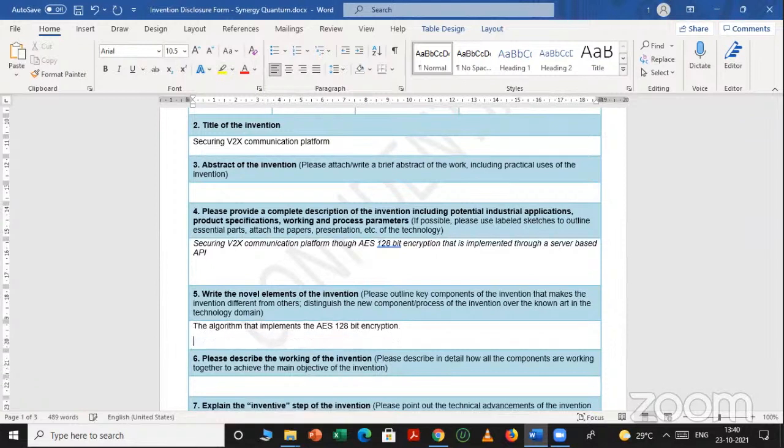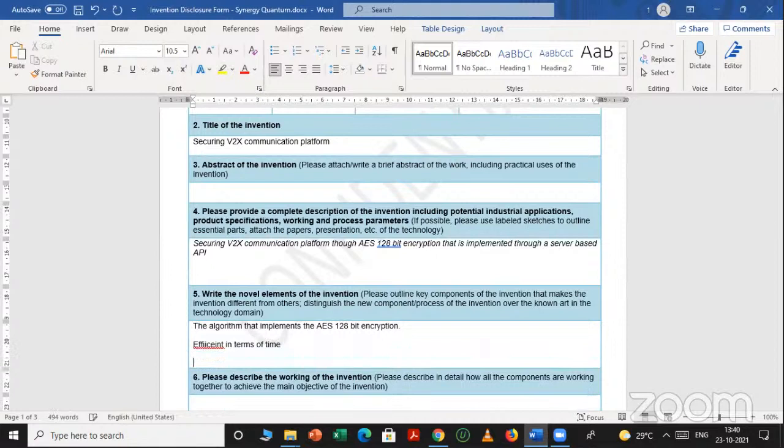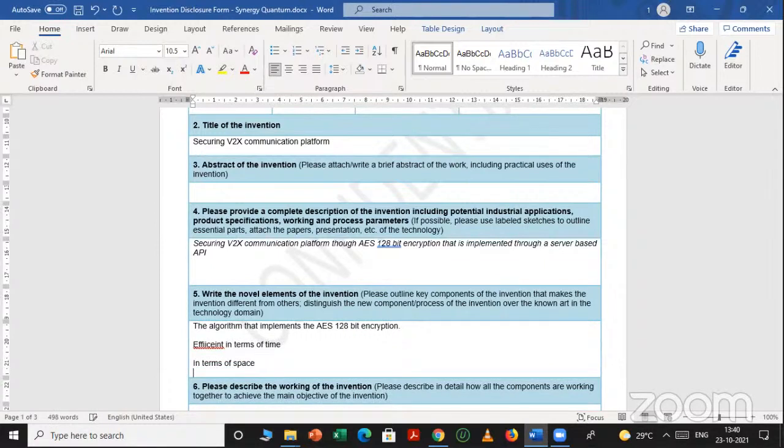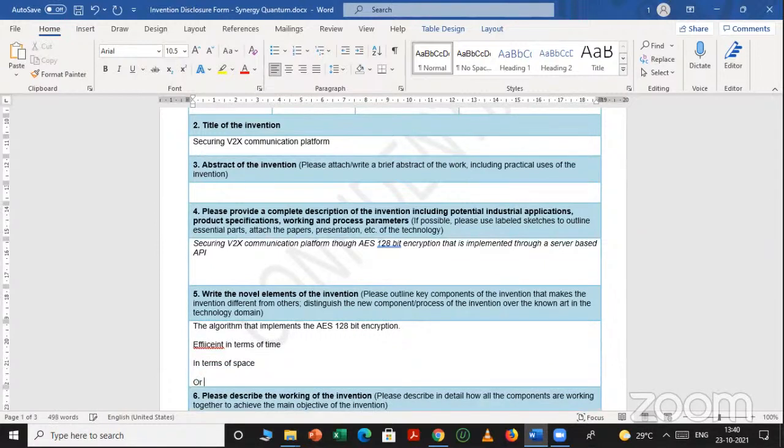So maybe your algorithm or your code, your software, might be efficient in terms of time, or in terms of space, or it might have a good speed.